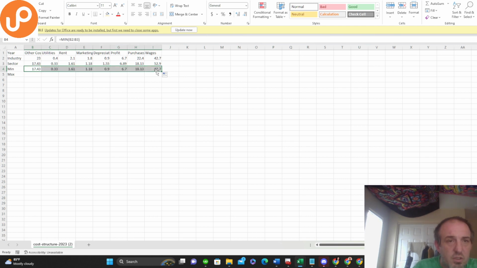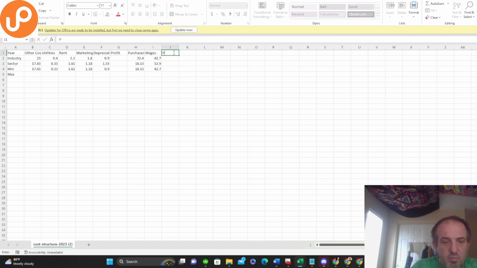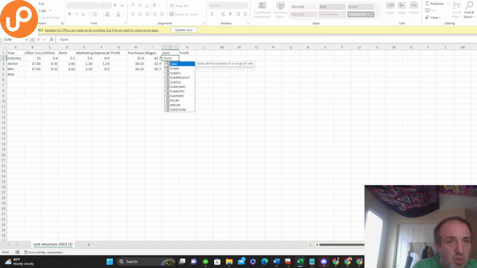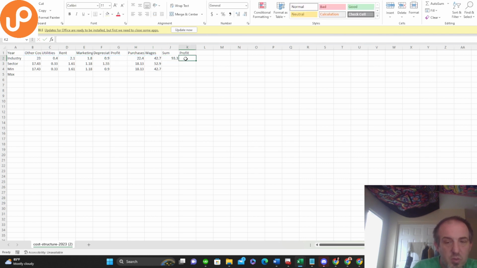So then I drag these across. I subtract the profit. So I subtract the profits here. And then I put the profit here. I put the sum here. And profit here. So then equals sum and equals 100 minus sum.